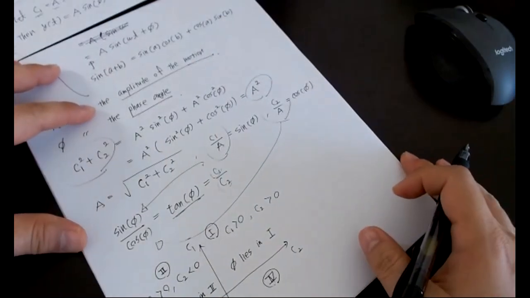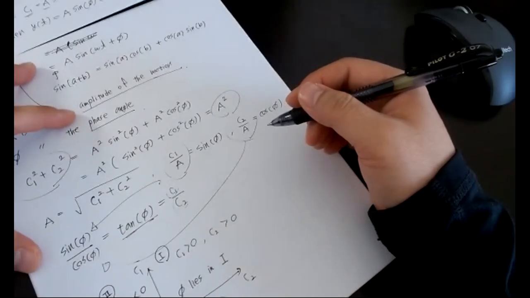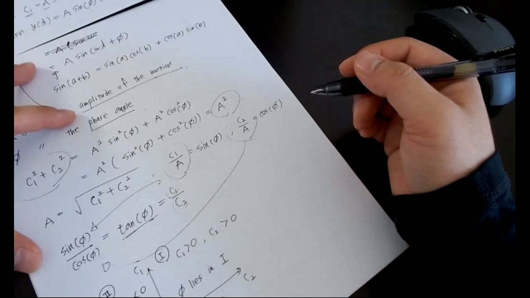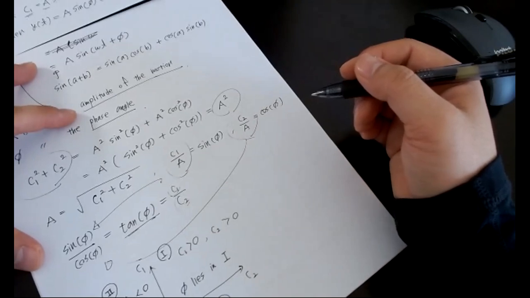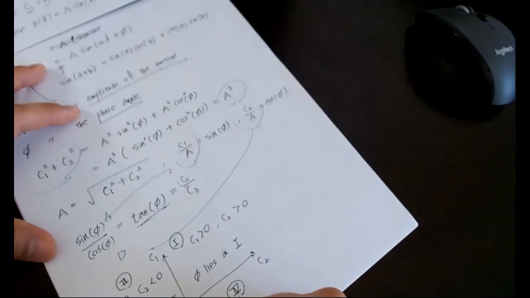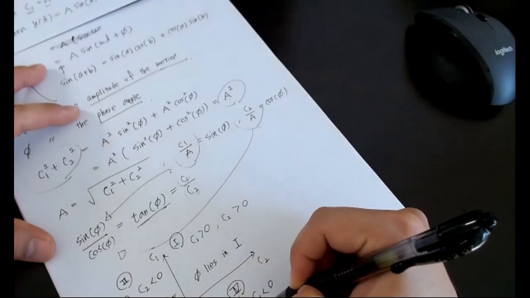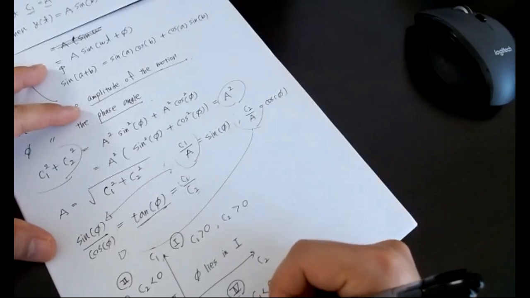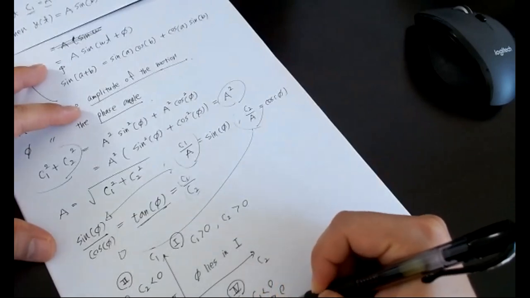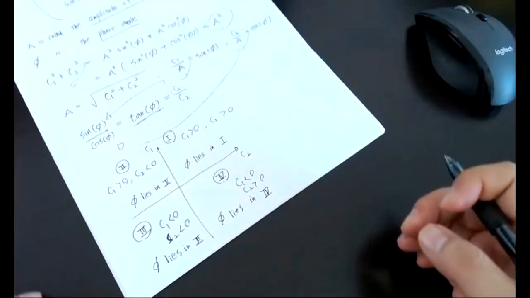If C1 is less than 0 and C2 is also less than 0, then phi is in the third quadrant. And if C1 is less than 0 and C2 is greater than 0, then phi is in the fourth quadrant. Keep in mind this.